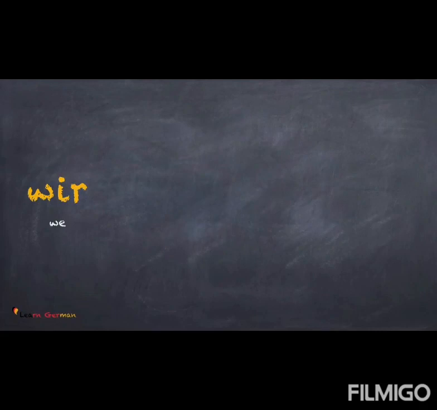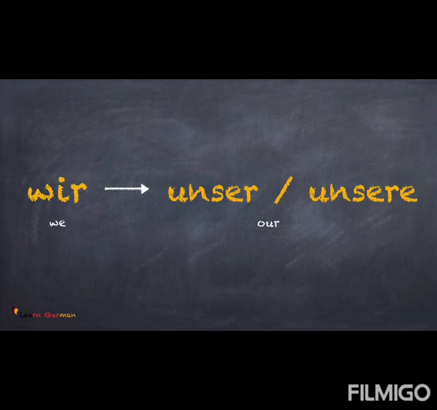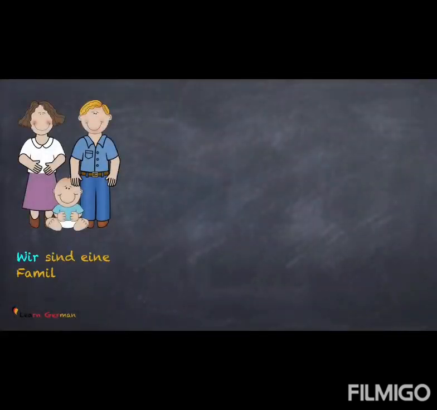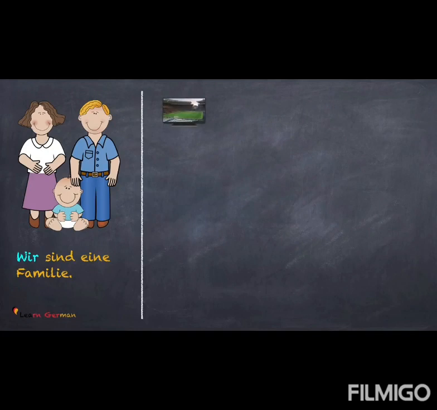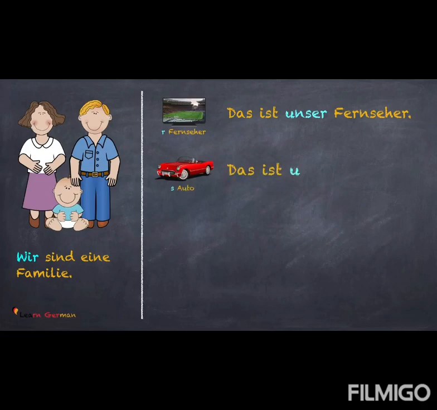Now we come to the pronoun wir. The possessive pronouns for the same are unser or unsere. And now we'll learn how to use them. Wir sind eine Familie. Das ist unser Fernseher.